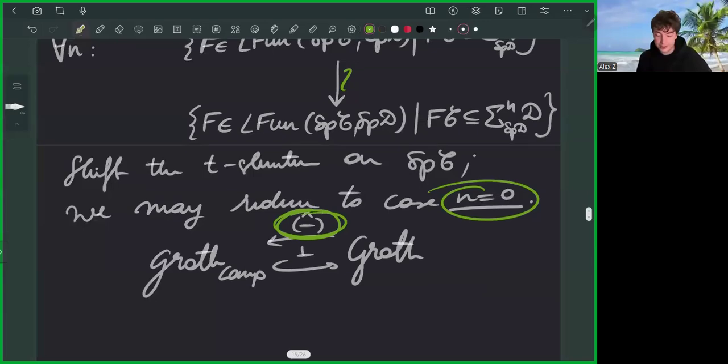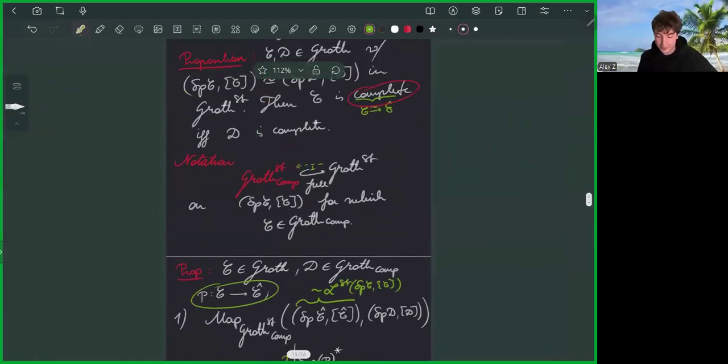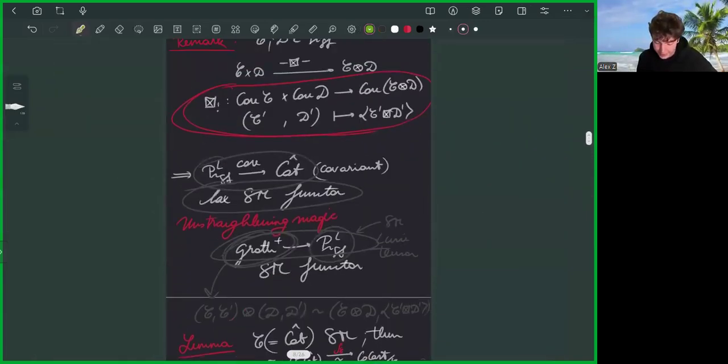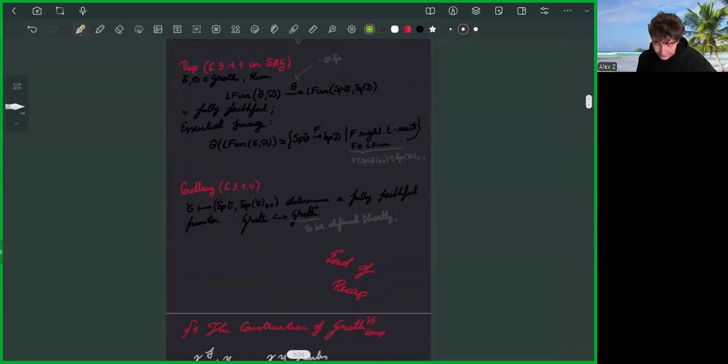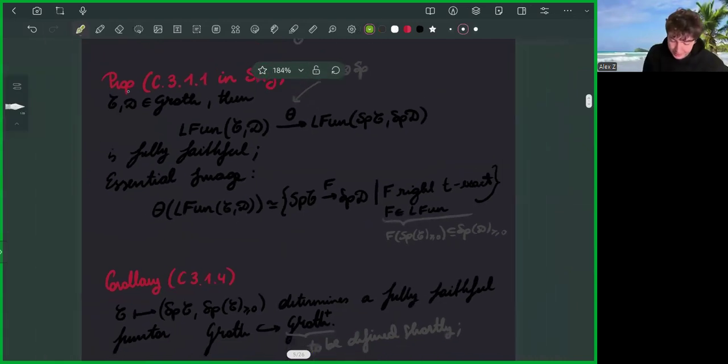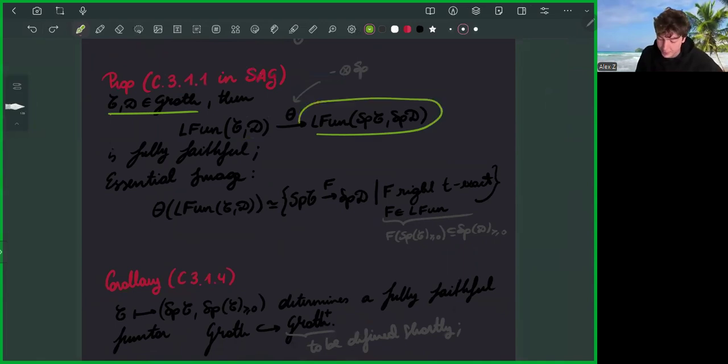And the reason for this, let me go back. Sorry for the scrolling. I hope you don't get dizzy. The reason for this is this proposition that I stated. Namely, if C and D are in Groth, then there is a fully faithful functor on morphisms in Groth from C to D into the left adjoint functors from SPC to SPD, which are right T exact.